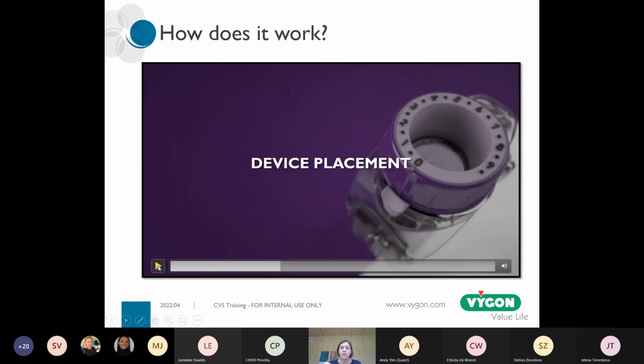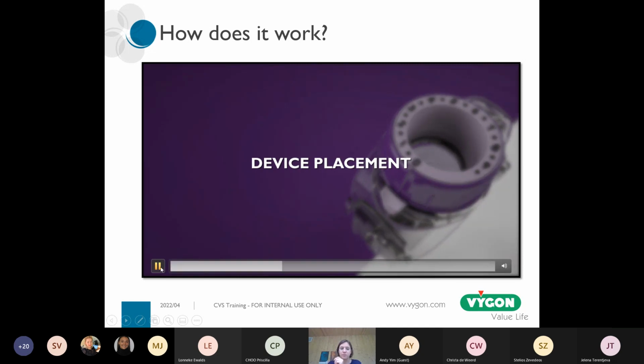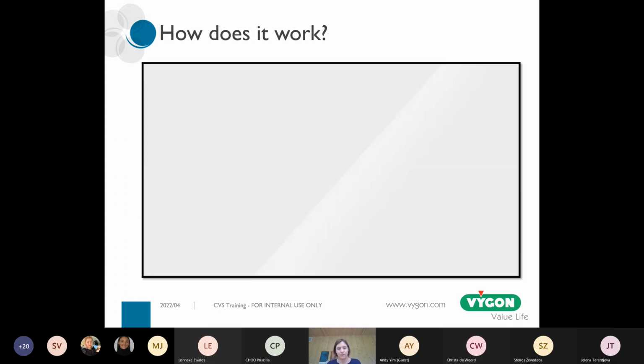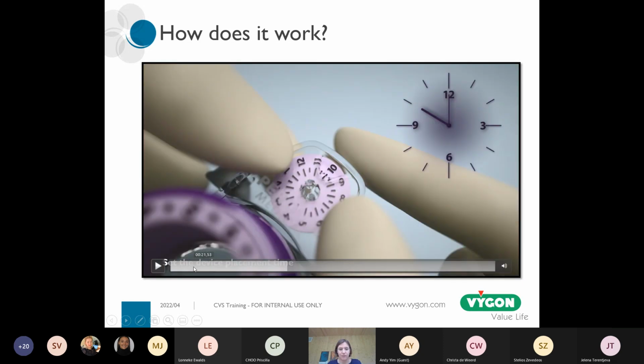Let's now see the device placement. It is very important. We have seen that the pad is precise, so you need a precise placement. First, you have to check if the compression wheel is at 0, and you can set the device placement time.